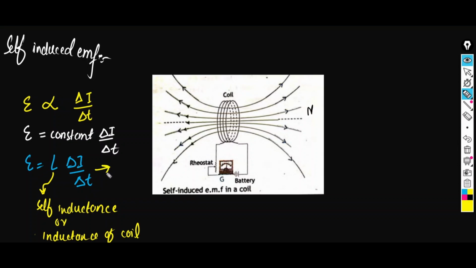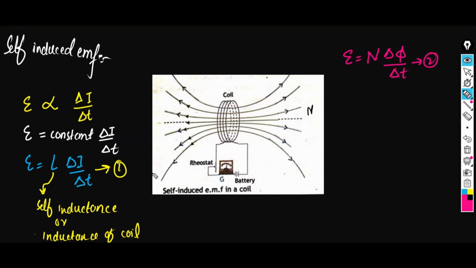So this is equation 1, and similarly the EMF induced is given by Faraday's law of electromagnetic induction, which is equal to N del phi by del t. This is equation 2.